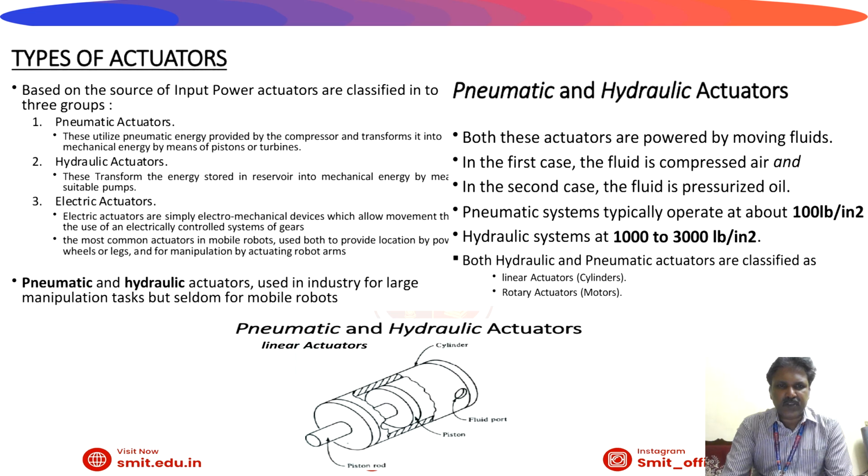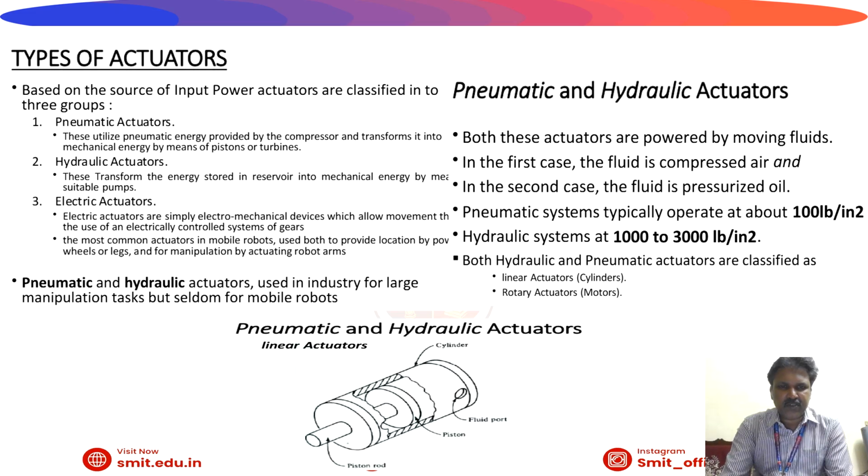Then hydraulic actuators transform the energy stored in the reservoir into mechanical energy by means of suitable pumps. Then electrical actuators are simply electromechanical devices which allow movement by use of an electrically controlled system of gears that provide the location by wheels or legs and the manipulation by actuating robot arms.